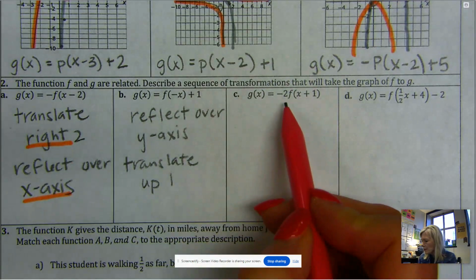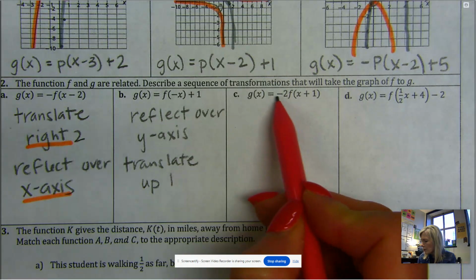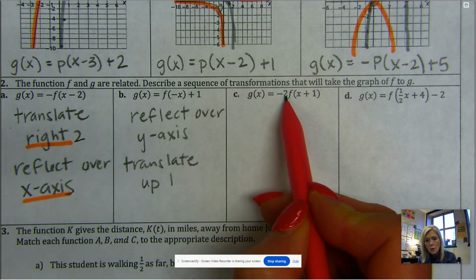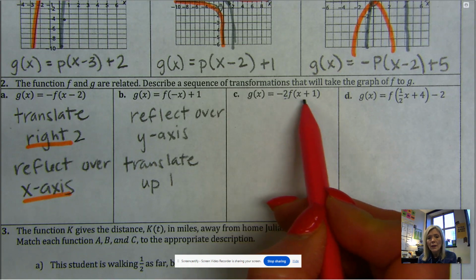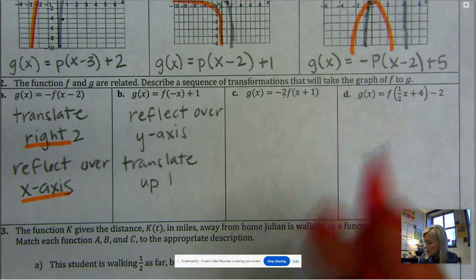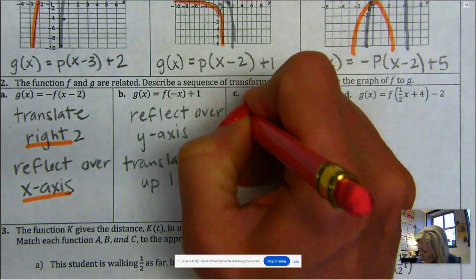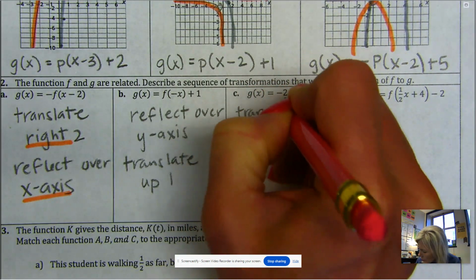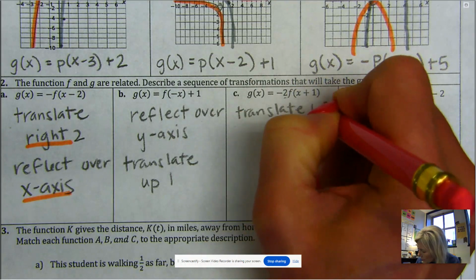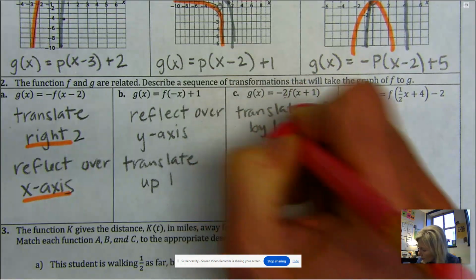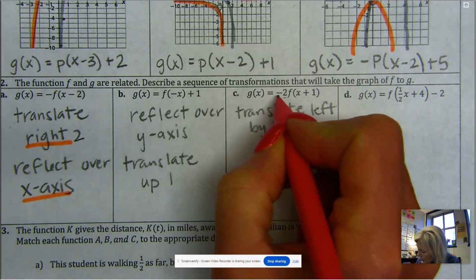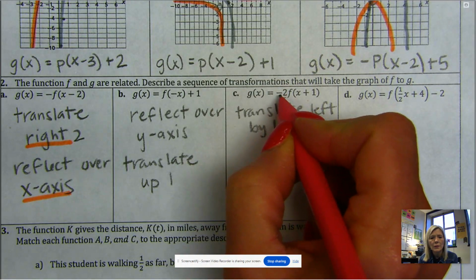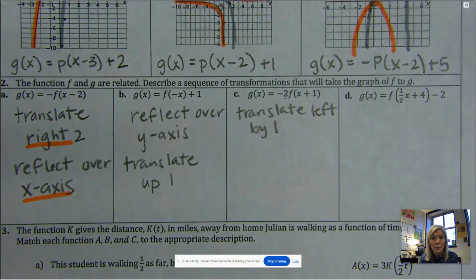All right. We can see here that we are going to reflect over the x-axis, but also we're going to scale all of the outputs by 2 and then shift to the left by 1. So I'm going to start with what's in here. Translate left by 1. And then it doesn't matter the order of this reflection and stretch. They're both going to happen and they don't affect each other.